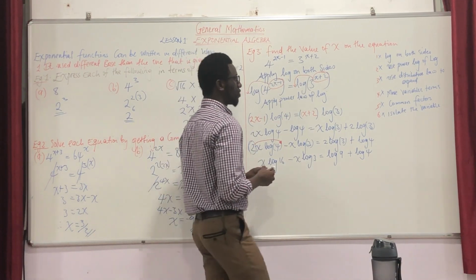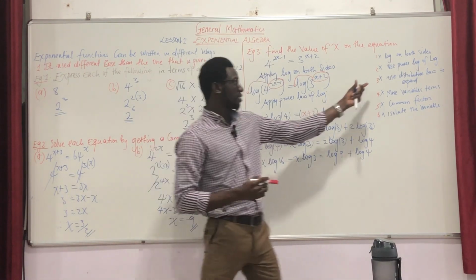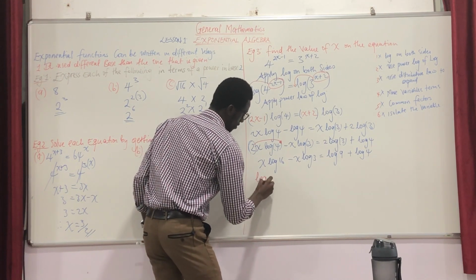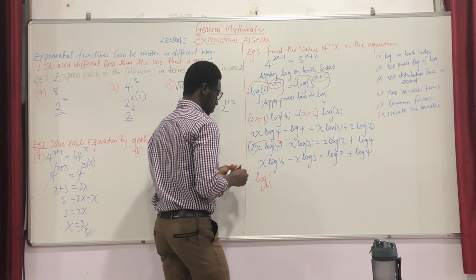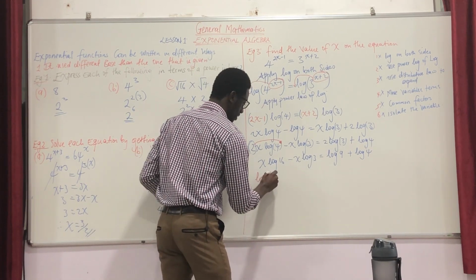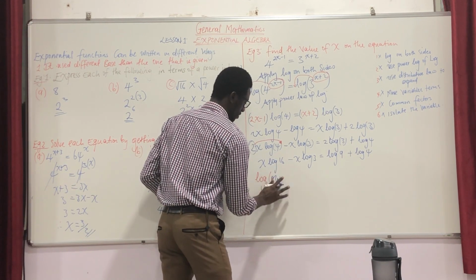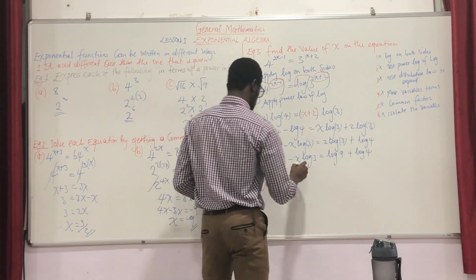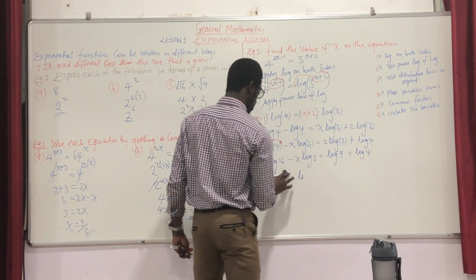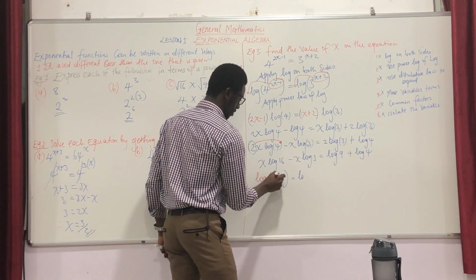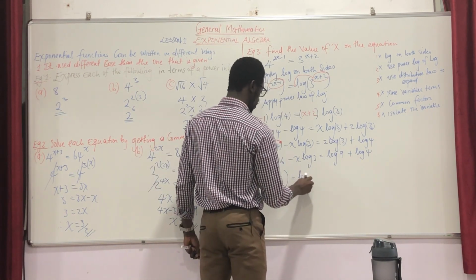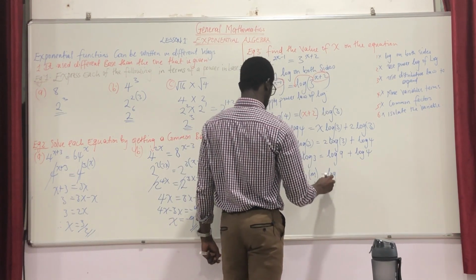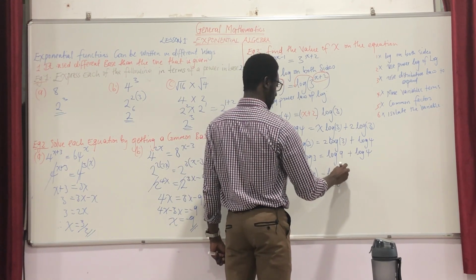So now we use the logarithm law that says, let me simply put it here, if you have log of base b, of m minus n, this one will be log of b of m minus log of b of n.